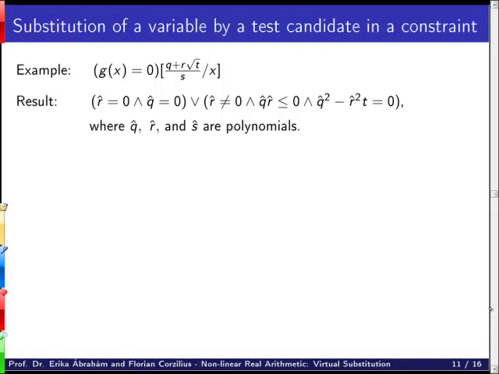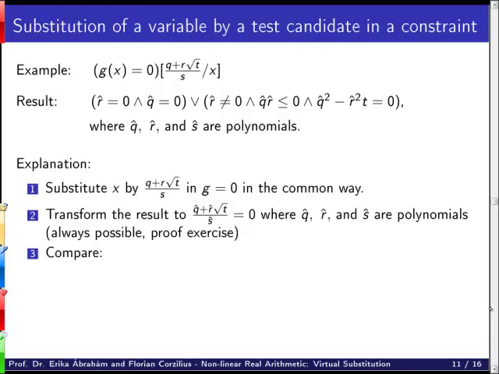So what if we substitute now? Well, this is the result, you see. I just give it here, but I will explain later why we have this result. If we substitute x by this expression in a polynomial g which contains x, then I can transform it to an expression which looks like the expression we had before, but of course with new q, r, and s: q hat, r hat, and s hat, and the t keeps being the same.